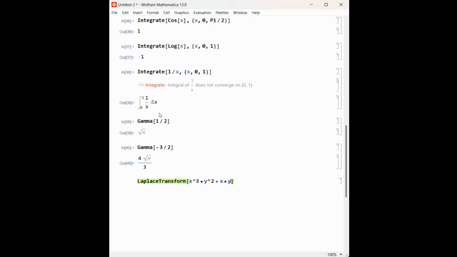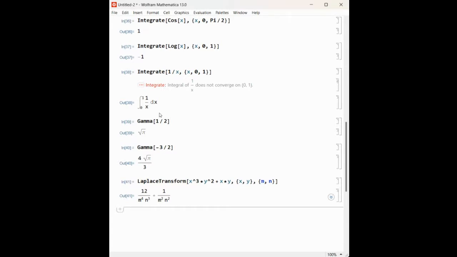I want to find the Laplace transform of this function. So write the function, the variables are x comma y. And then the Laplace transform variables, so if we're saying m and n, you press enter.